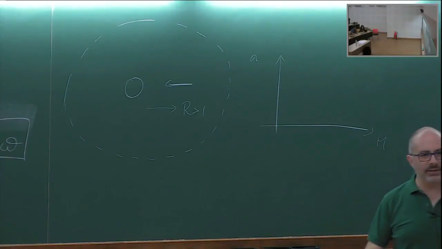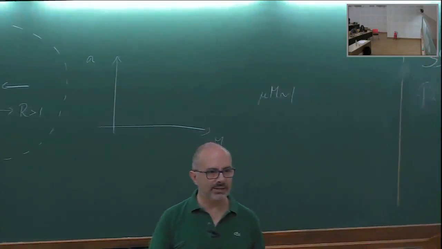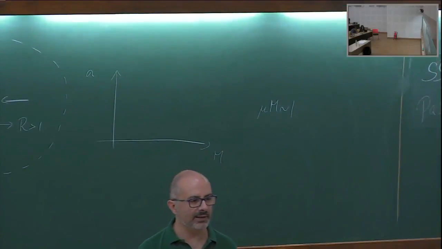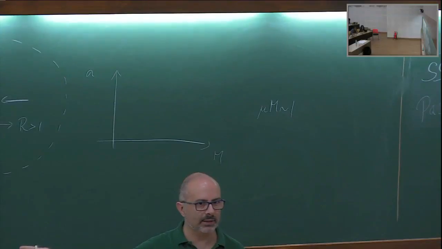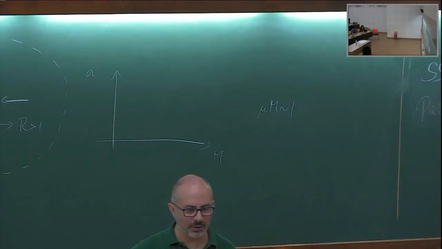I told you that the strength of the superradiant instability is maximum when mu m is of order unity, where mu is the mass of the scalar field and m is the mass of the black hole. And I gave you arguments some days ago why this means that for, say, a black hole of 10 to the 9 solar masses, I will have a mass of the scalar field of about 10 to the minus 18, and if I take a solar mass black hole, it will be 10 to the minus 8.